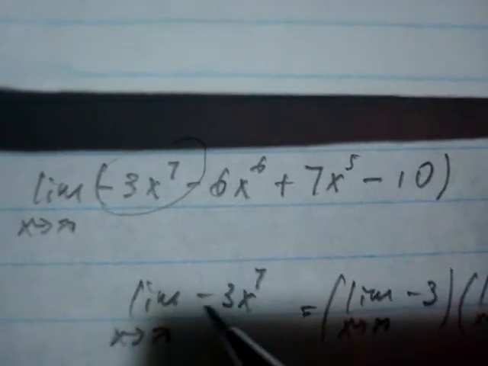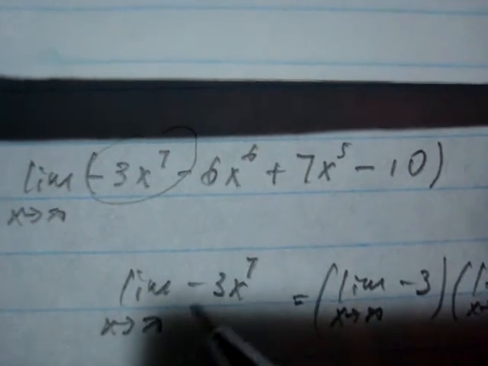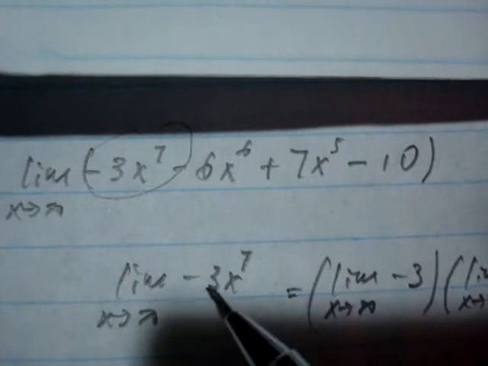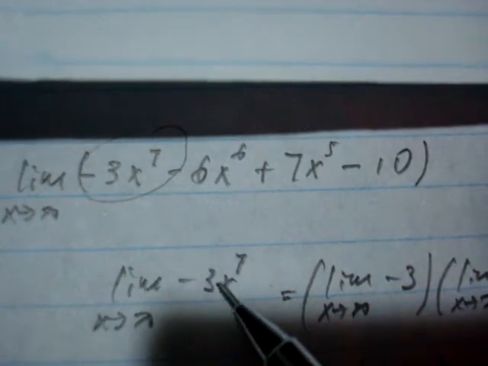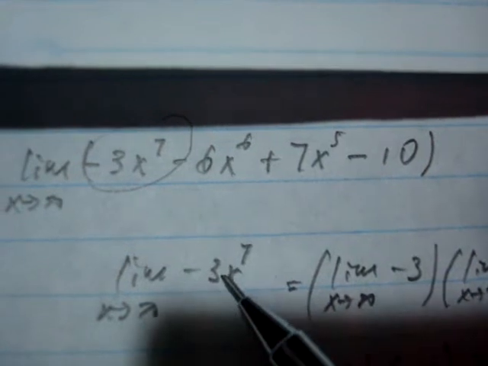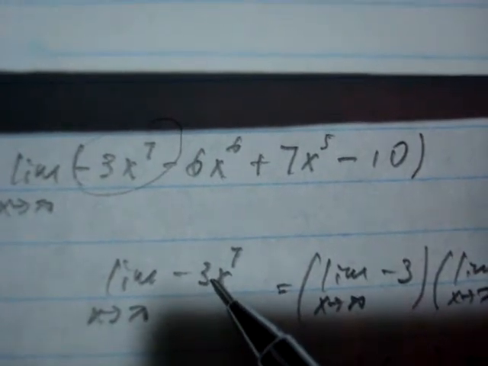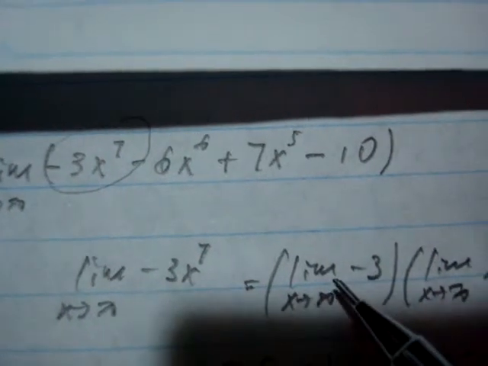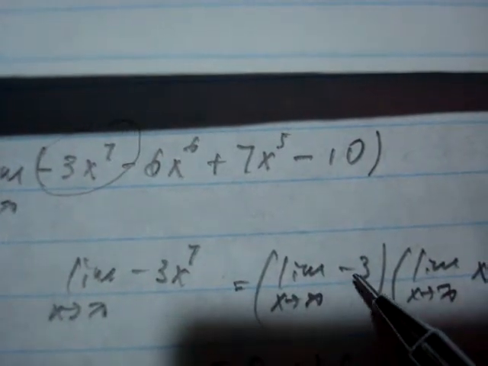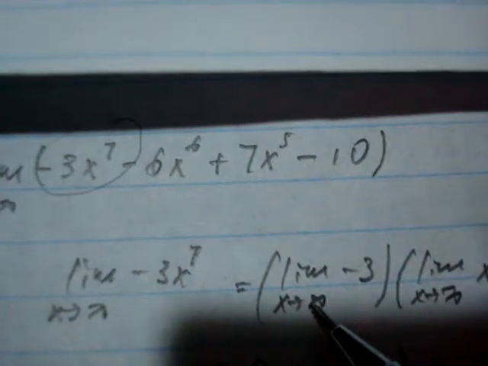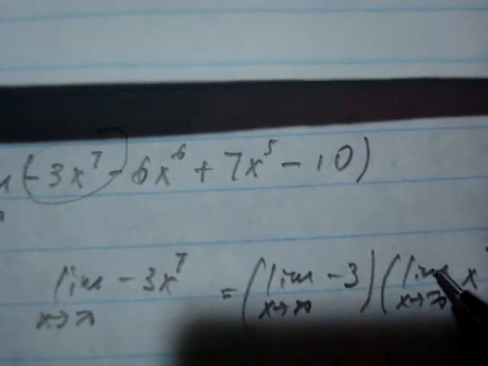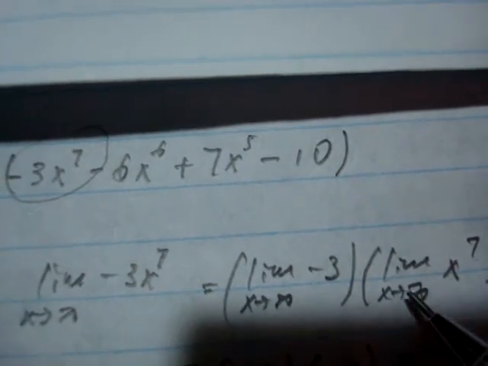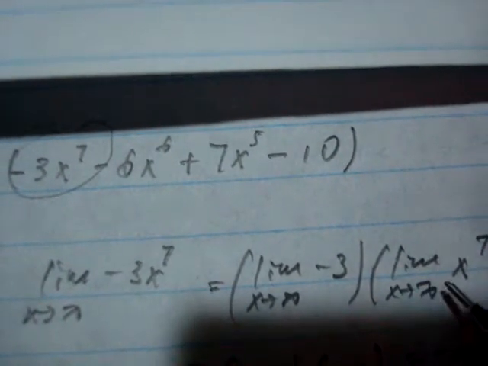So you take the limit of -3x to the 7th as it approaches positive infinity. Notice that in the middle right here, they don't have addition or subtraction. So it's an indication that it is a multiplication limit. So you take the limit of -3 as it approaches infinity times the limit of x to the 7th as it approaches positive infinity.